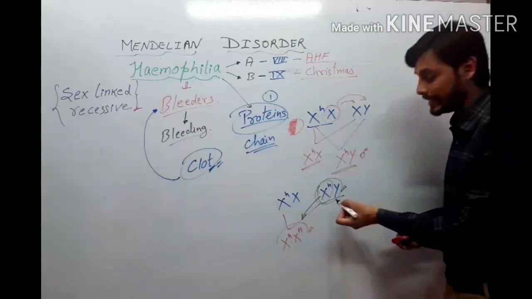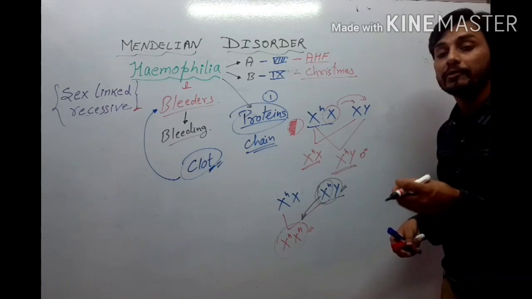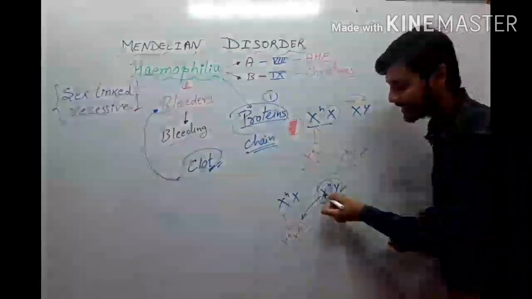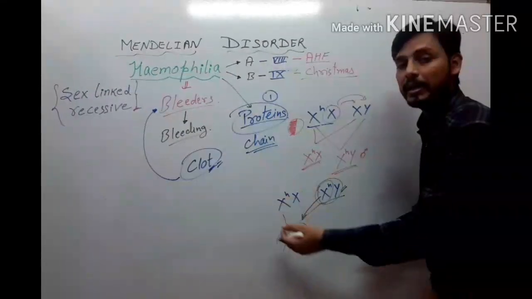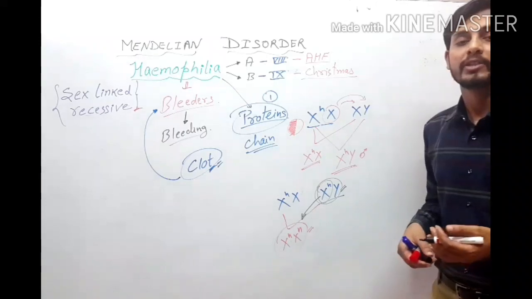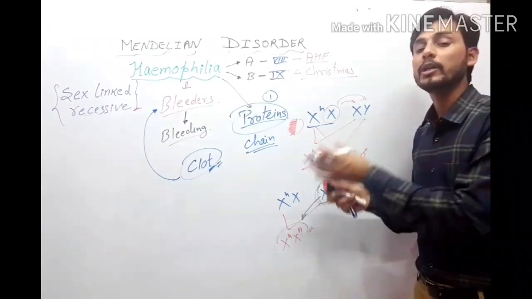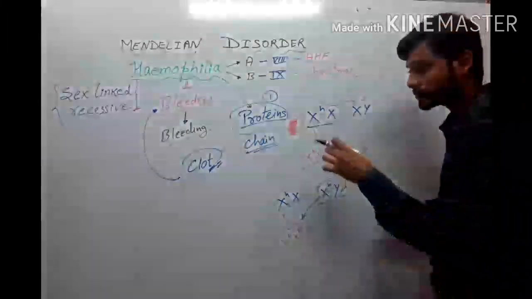When the particular male is affected, they are unable to survive to the age when they get married and transfer this character to the next generation. Therefore, the females are generally carriers for this type of disorder. They only transfer this disorder to the male progeny, and the males are the affected ones.